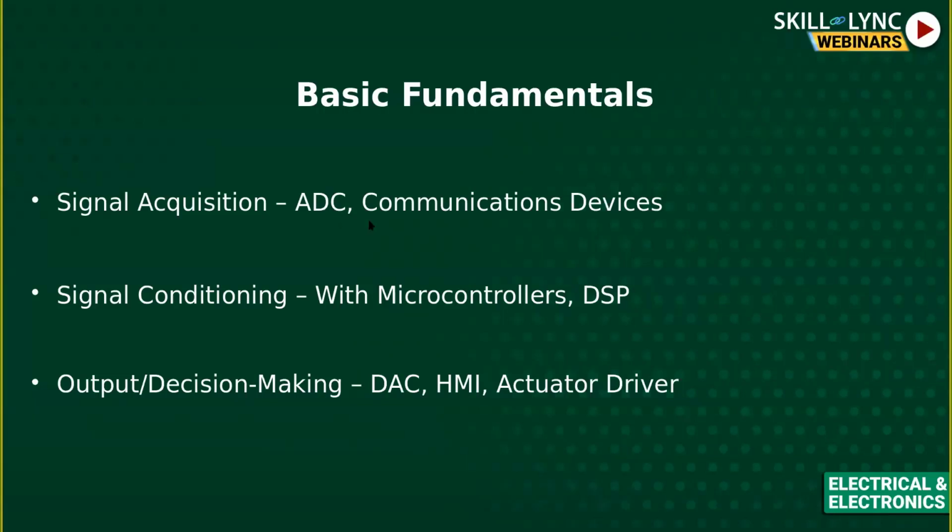In some other cases, if the sensor is giving out the signal on a digital interface, then some device drivers are used here. Serial communication interfaces like UART, SPI, and I2C, these messages are parsed in the firmware and fed to the microcontroller or a specialized digital signal processor, which does the signal processing.